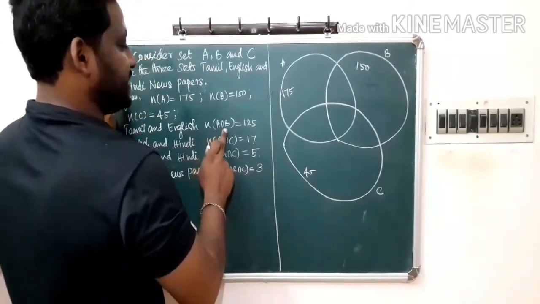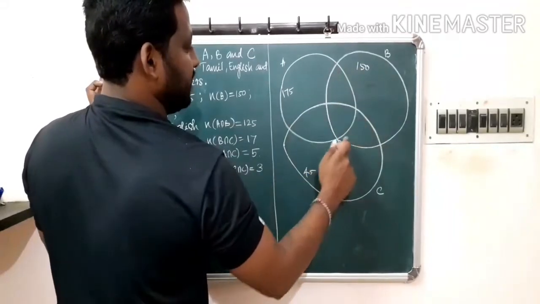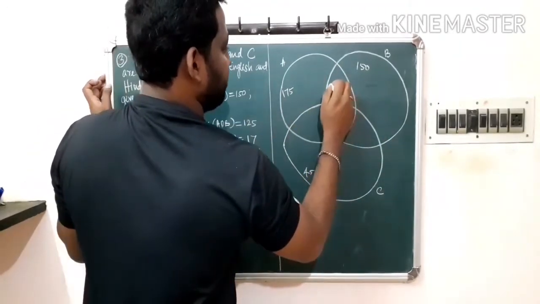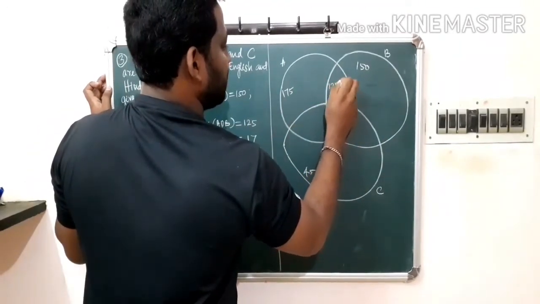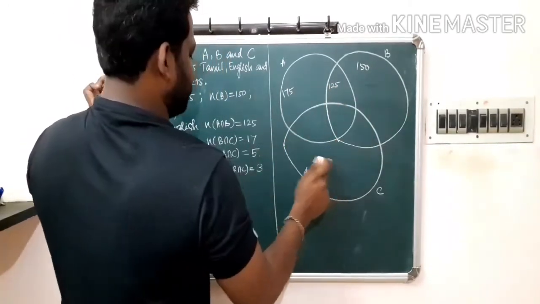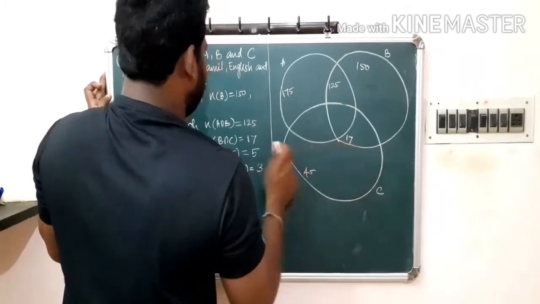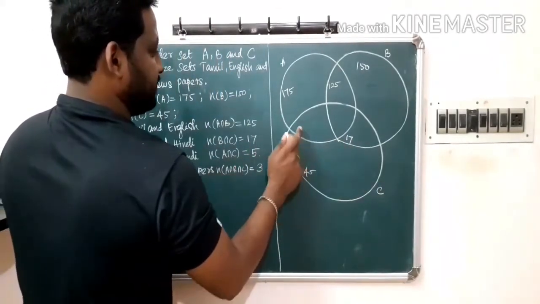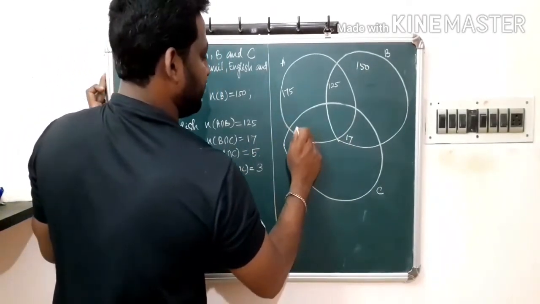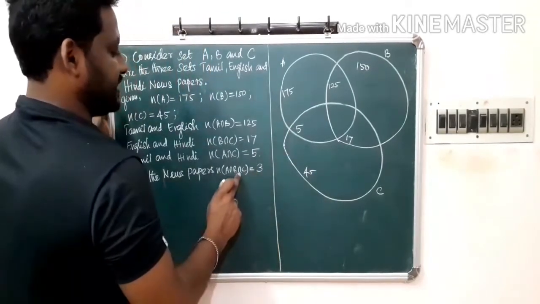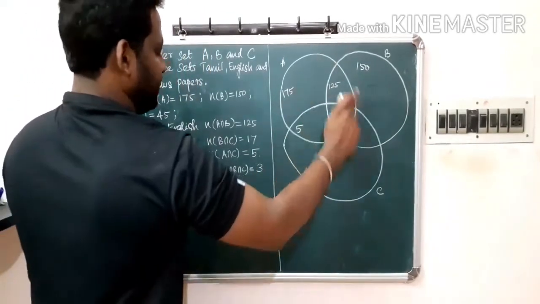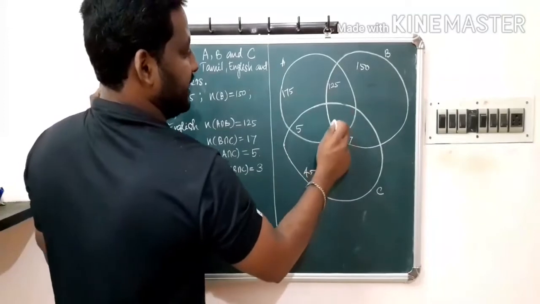N of A intersection B, this part alone, is 125, and B intersection C, this part alone, 17, and A intersection C, this part alone, 5, and then A intersection B intersection C, that means those who are getting all 3 newspapers, that is 3.